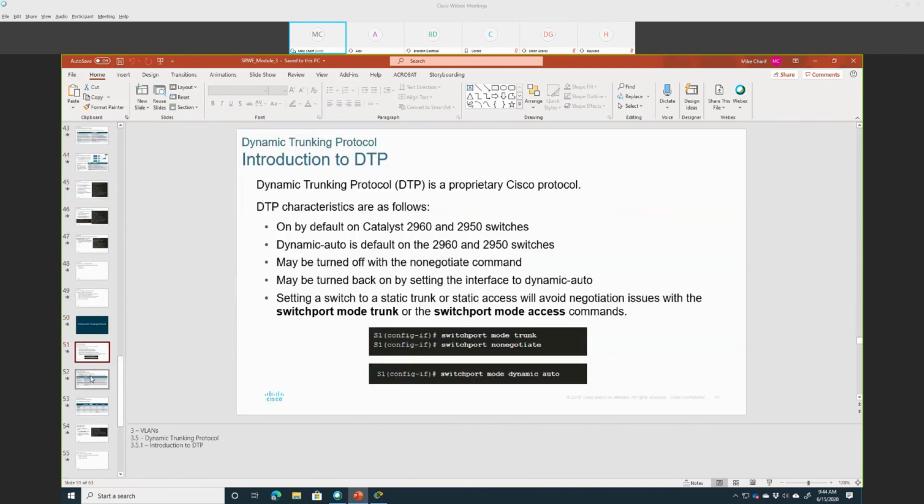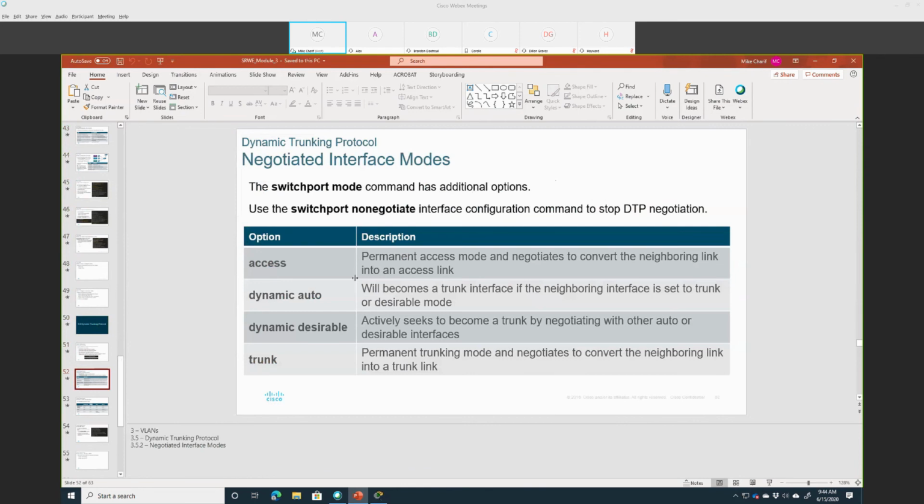I think we have a slide. Yeah. Dynamic auto will become a trunk interface if the neighboring interface is set to trunk or desirable mode.